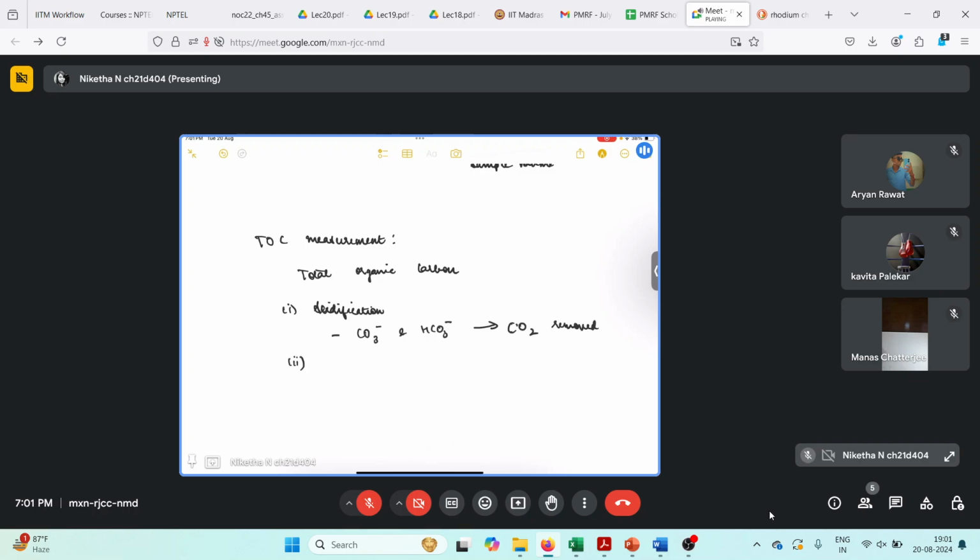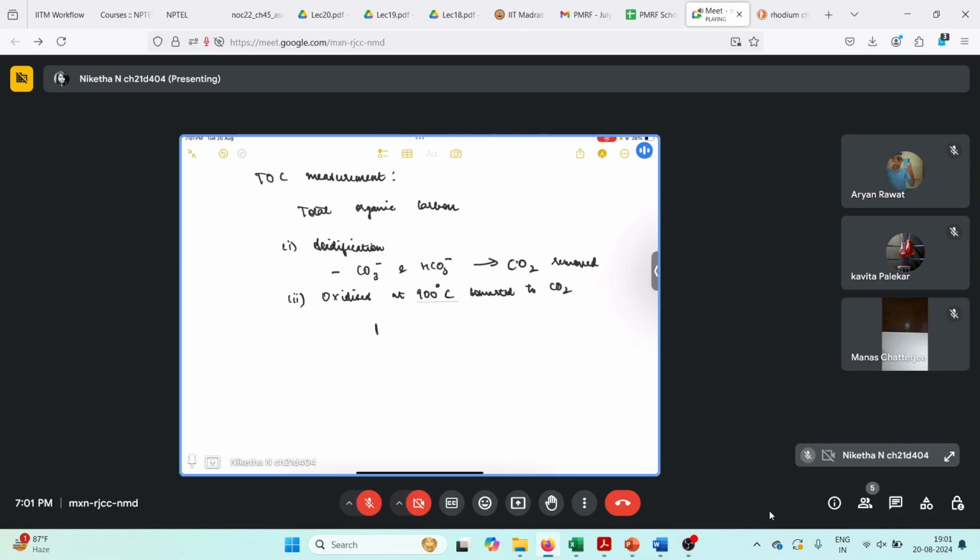And once we remove all the inorganics, then we will take the organic compounds and they will be oxidized at a high temperature, at about 900 degrees Celsius, and this will also get converted to carbon dioxide, and the converted carbon dioxide will be measured using non-dispersive IR or NDIR.